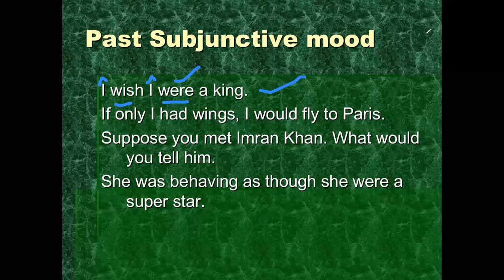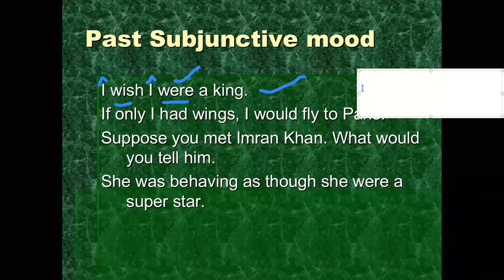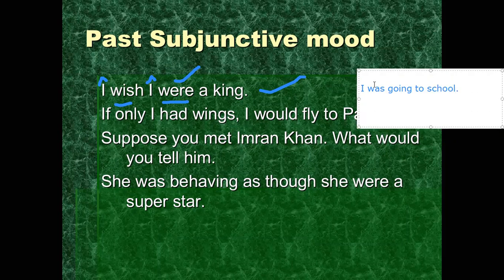Let me give you an example here. Normally, we say, I was going to school. If we are writing our sentence in the indicative mood, with I, we use the verb was. So we use a singular verb.